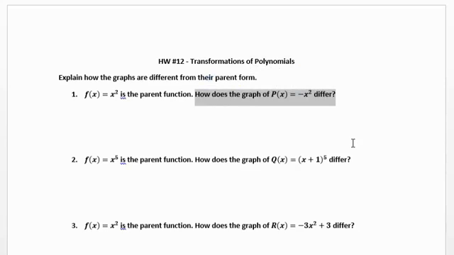And you're going to explain what happens, whether it's shifted up or down, whether it is shifted left or right, or whether it is reflected over a certain axis. So you're going to pretty much explain the difference between the 2 functions. How did I go from this parent function to get to this function? What transformation did I have to make in order to do that?